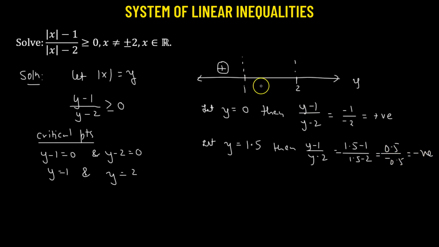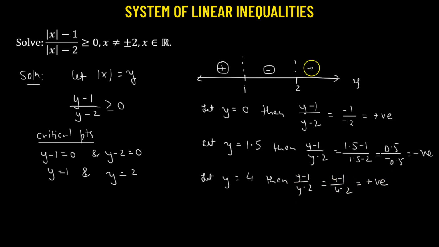So if we take any value of y between 1 and 2, we're going to get a negative value. And let's say we take y to be a value greater than 2. So let me take 4. Then our expression y minus 1 divided by y minus 2 will be 4 minus 1 divided by 4 minus 2, which is going to be a positive value. So we are going to get a positive number.